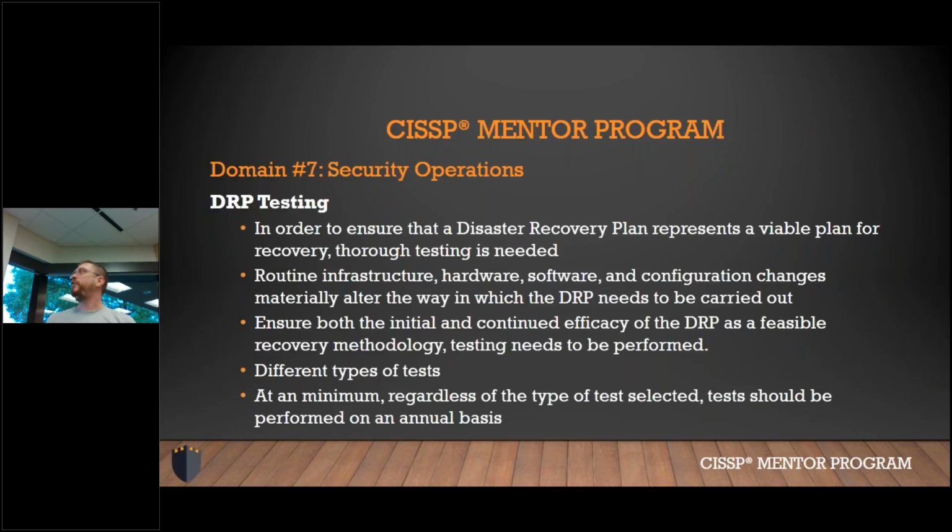But at a minimum, we need to do an annual test. And obviously the environment is going to play into that, right? There's different ways to make that work, but for the CISSP test, you'll need to know, DR testing should occur annually, regardless of the type of test being done.